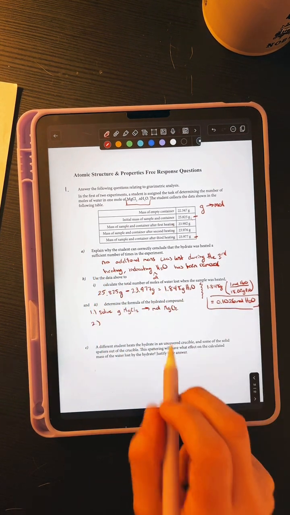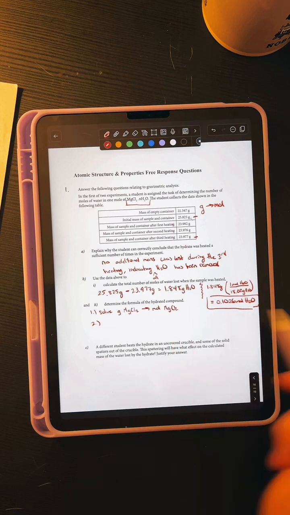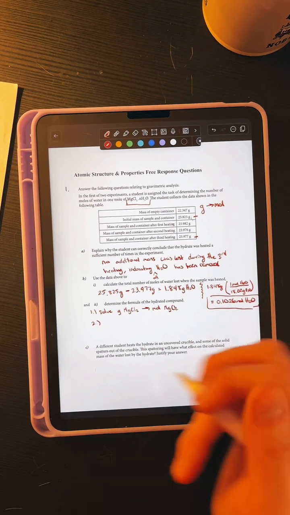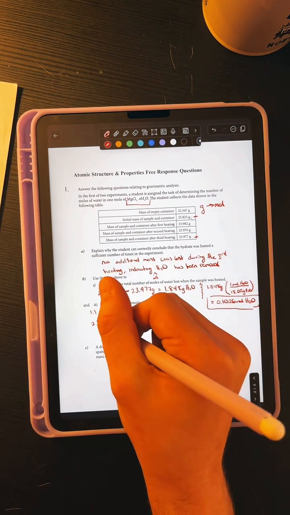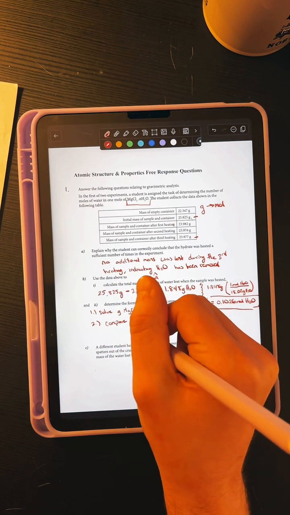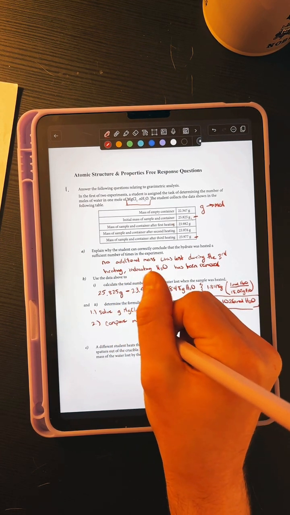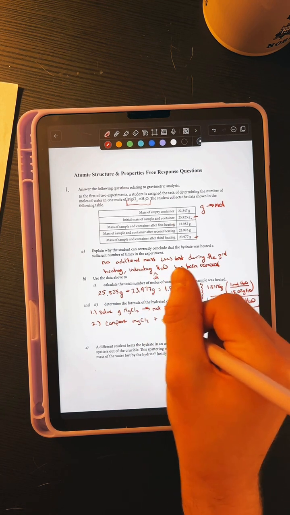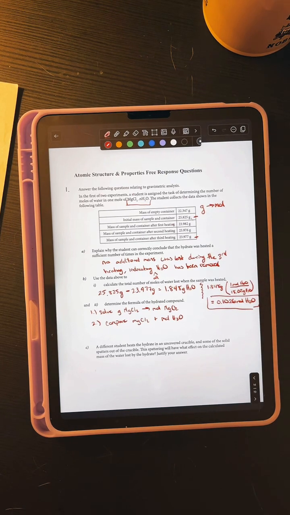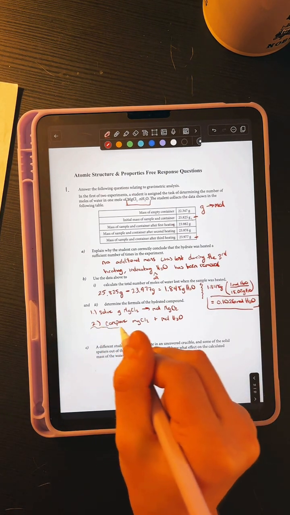And then once we figure out the moles of magnesium chloride, we'll have the moles of that, and we also just found the moles of the water. So now what we'll do is compare the moles of MgCl2 and moles of water, and that'll give us our N value. So let's go ahead and solve that.